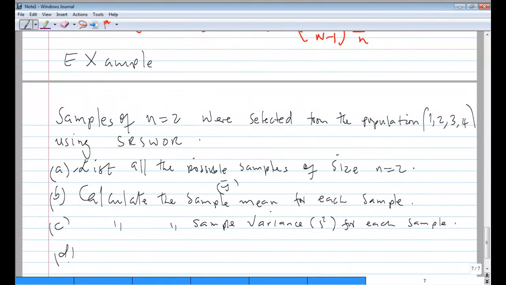Okay, number D. Calculate the estimated variance of the sample mean, the estimated variance of y bar, for each sample.